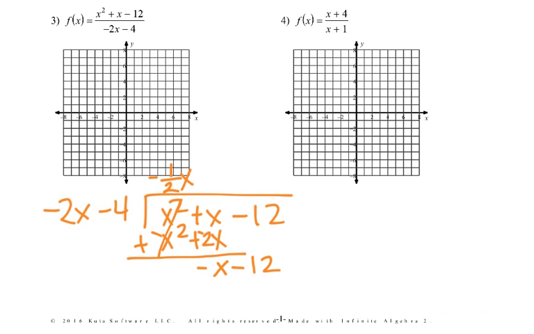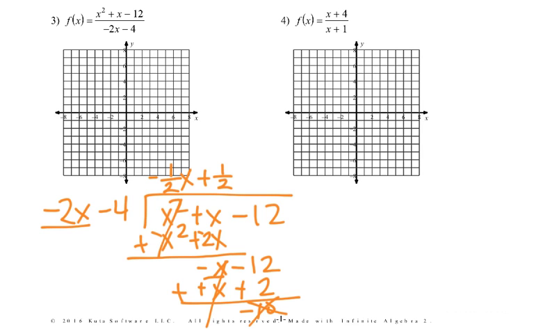Then, to get a negative 2x to become a negative x, I'm just going to have to multiply by a positive 1/2. 1/2 times negative 2x would be a negative x. 1/2 times negative 4 would be a negative 2. Change the sign and then add them. That'll be 0, and I'm left over with negative 10.